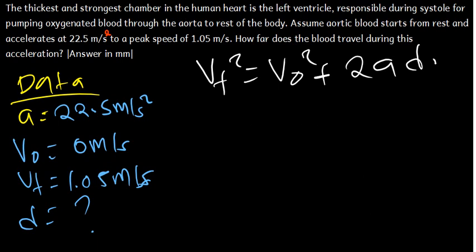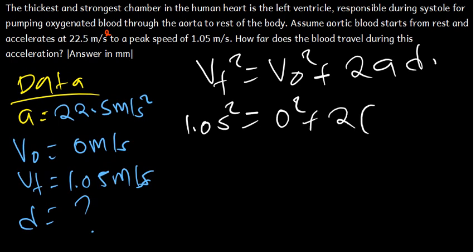So the final velocity is 1.05. We square it. This has to be equal to the initial, which is 0 because it started from rest, plus 2 times the acceleration, 22.5, times d, which we want to find.